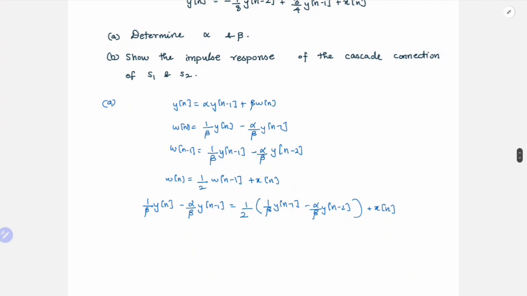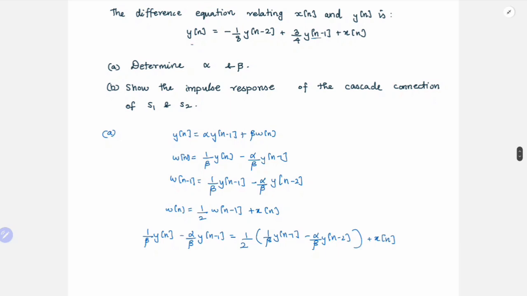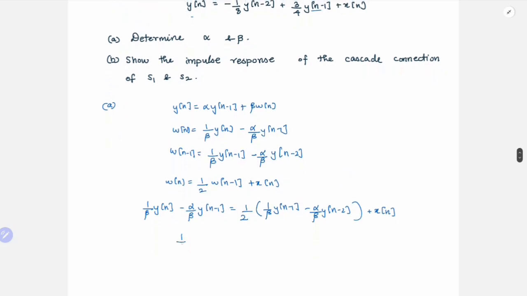So now if I only keep y of n here and take these both to the other side, because I want it in this format, I'll get 1 by beta y of n is equal to alpha by beta y of n minus 1 plus 1 by 2 beta y of n minus 1 minus alpha by 2 beta y of n minus 2 plus x of n.